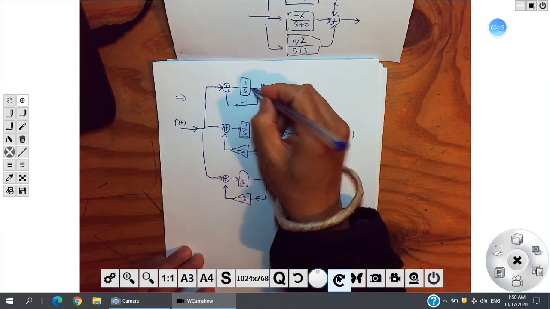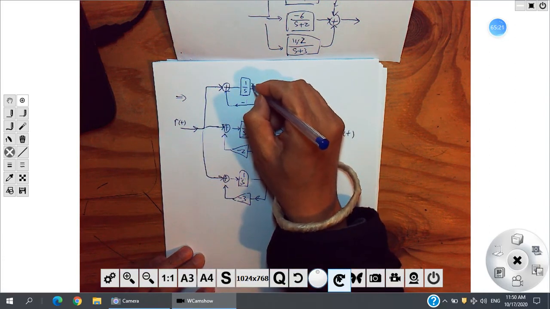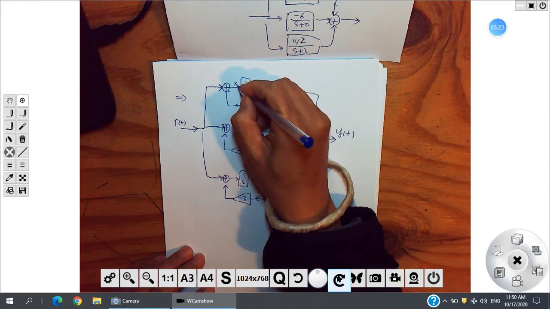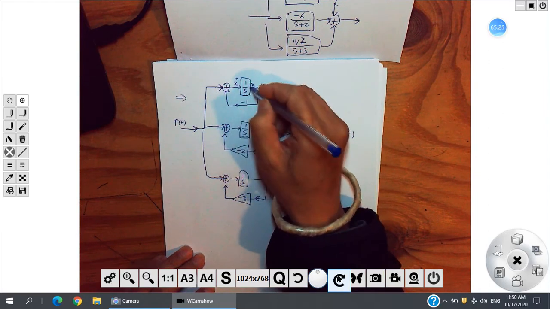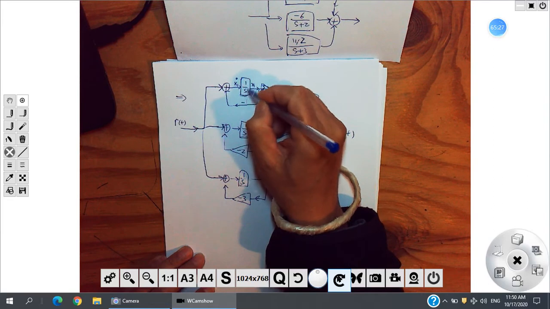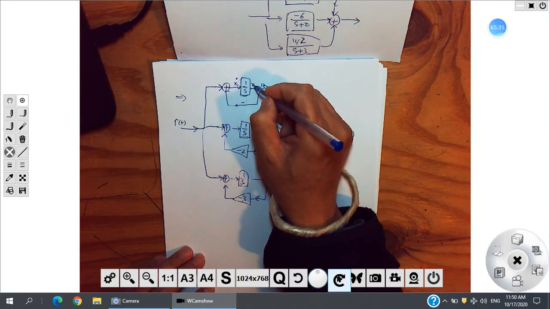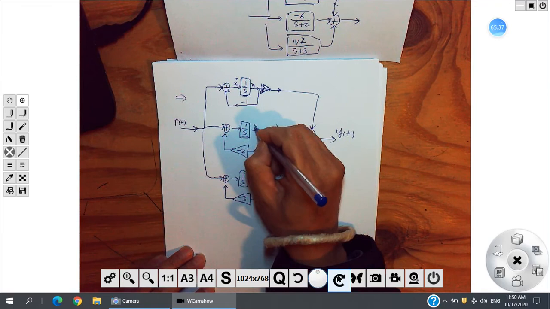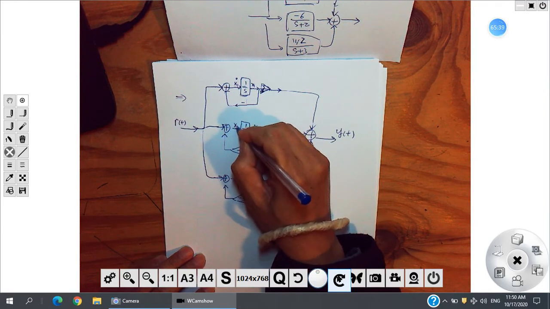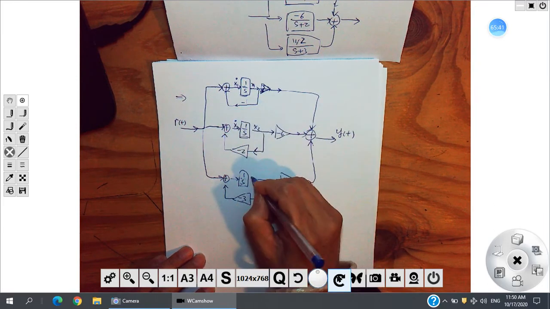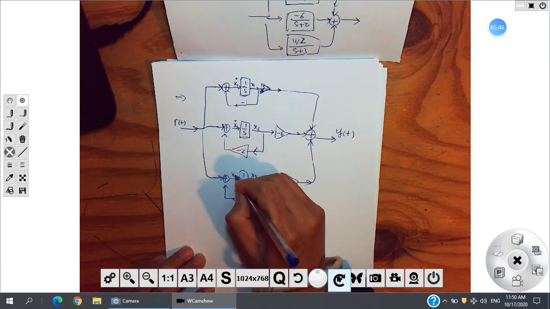Before that, you need to choose, like this is x1, then this is x1 dot. When you have a 1 over s, one side is a signal, and the other side is the derivative of that signal. Similarly here will be x2, then x2 derivative. Here x3, then x3 derivative.